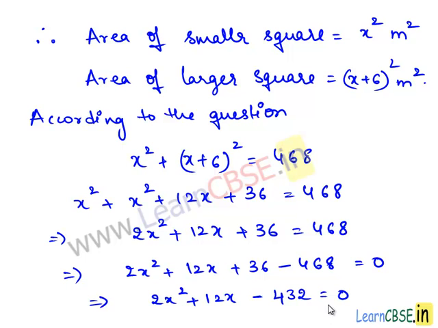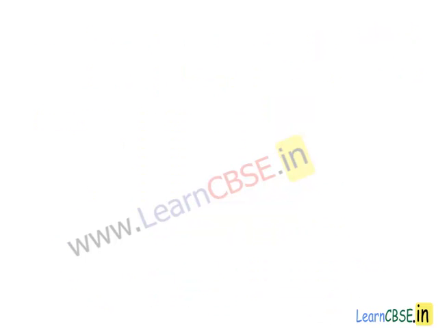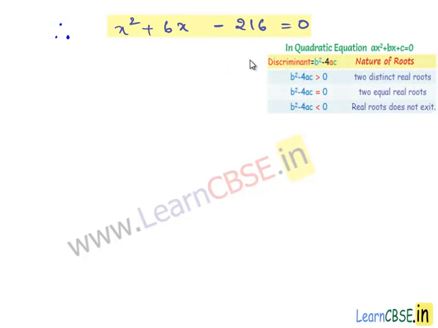So now taking out the common factor, we are left over with the final simplified quadratic equation, that is x square plus 6x minus 216 is equal to 0. Now we need to solve this quadratic equation and find out its roots.